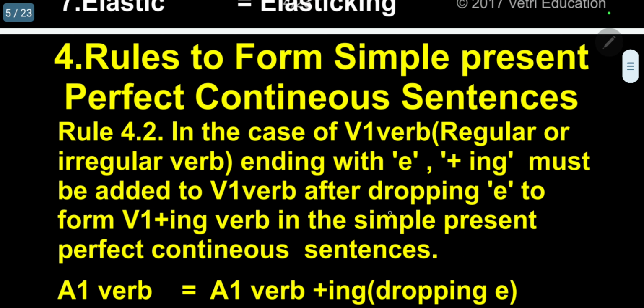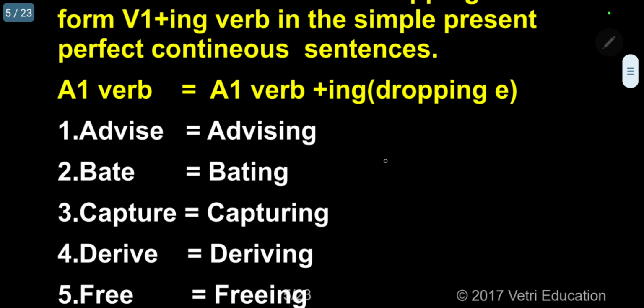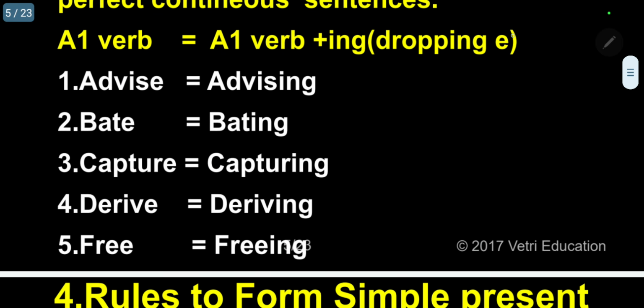Kindly follow. Now I am giving examples for your understanding. V1 verb plus ing, irrespective of regular or irregular: advise, advising. See, E dropped, ing added. Bat, batting.